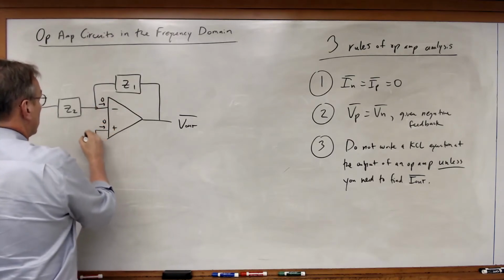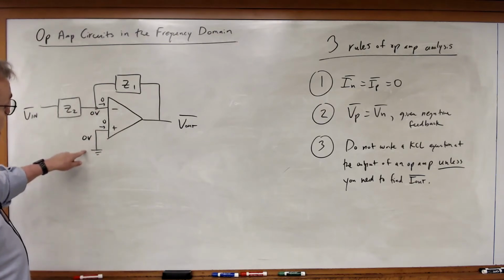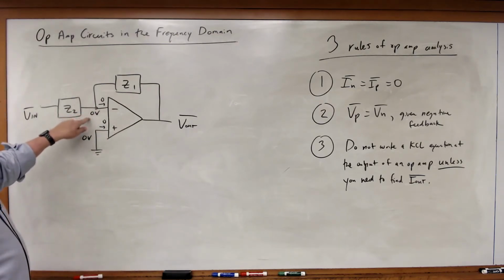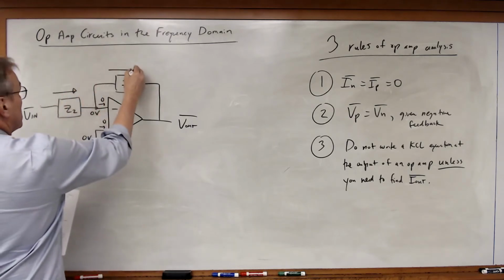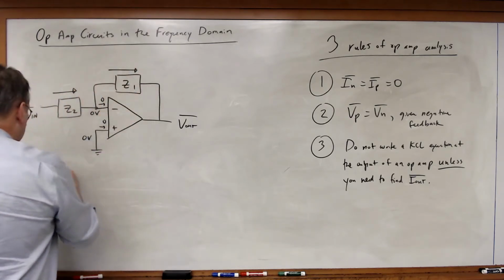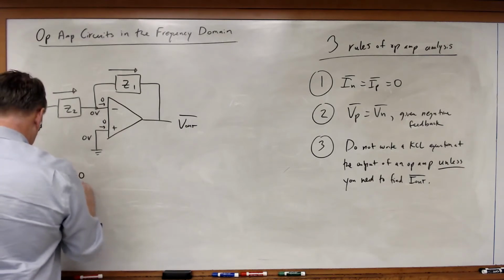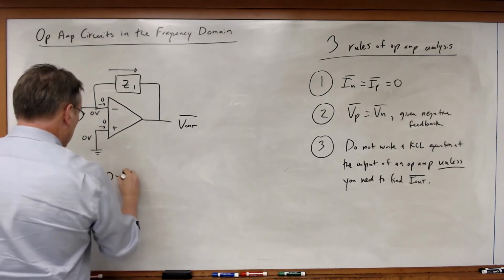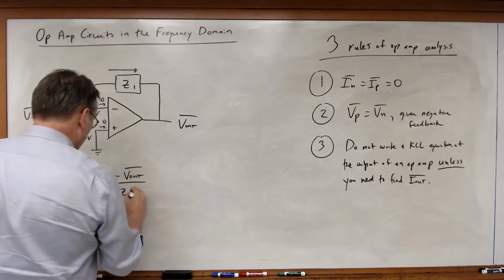0 amps flowing in. I've got 0 volts in the non-inverting input, so I've got a virtual ground. And now I can write my KCL equation. And what I get is that Vn minus 0 over Z2 is equal to 0 minus Vout over Z1.